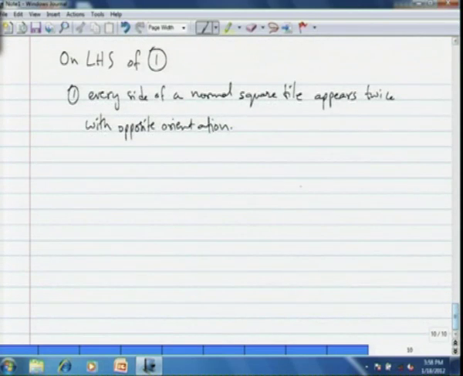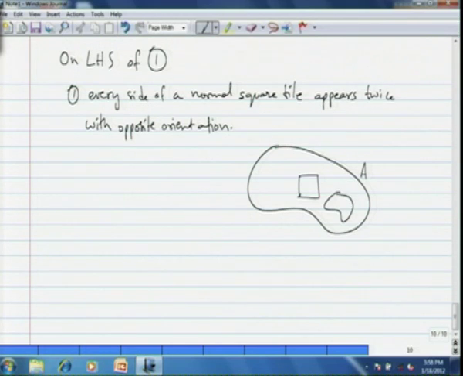That is clear, because if you have a normal square tile which is completely contained in the interior of the region A, then there is an adjoining square which shares that side.